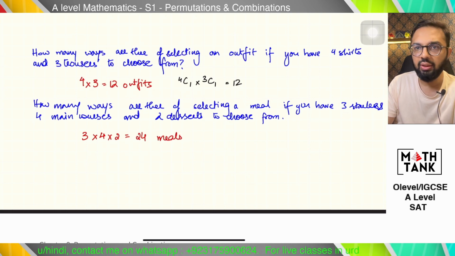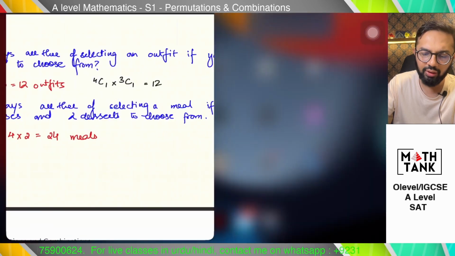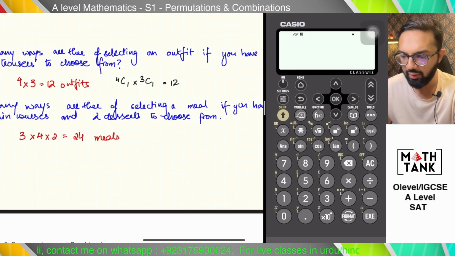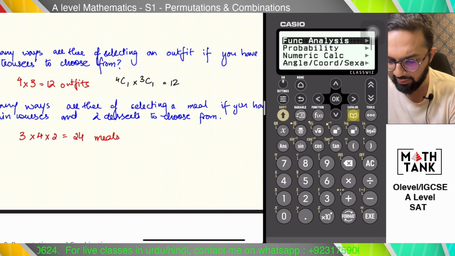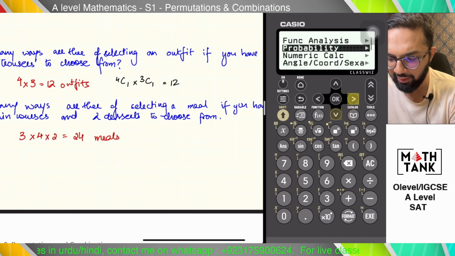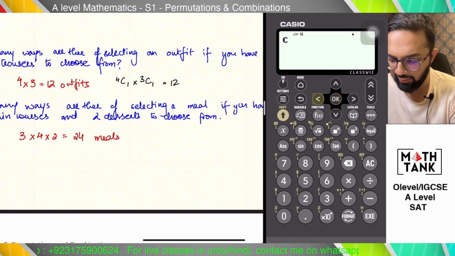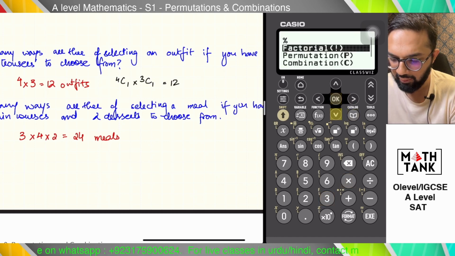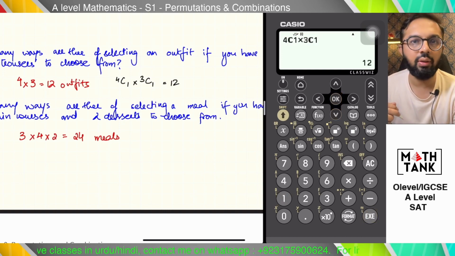Okay, so if you are using your calculators, you should know where this C is on these new Casio calculators that you have. What you can see is that there is catalog, and if you go to probability, you can write combination from here, and you can write 4C1 into 3C1, and that should give you 12.